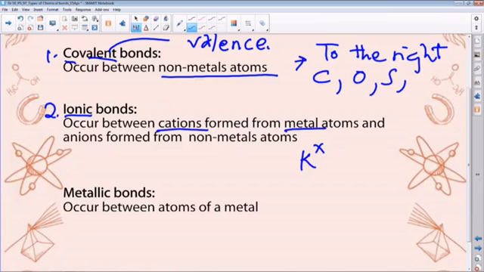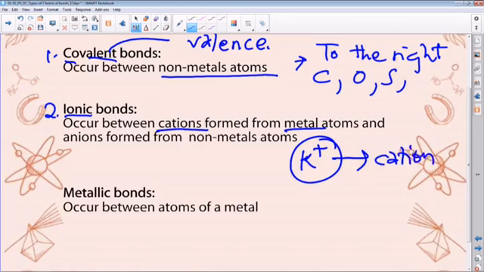So it would rather lose that electron. Once it loses that electron, potassium becomes what we call a cation, right? So the metal would rather form what we refer to as a cation.